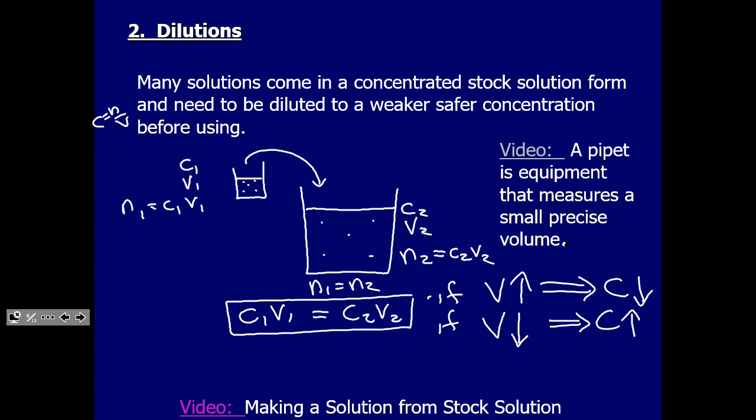If I'm going to use molarity for a concentration, I've got to use molarity. But if I know a percentage concentration, I can get a percentage concentration. Doesn't matter what the units are, as long as they're the same. So, units must be the same on both sides.